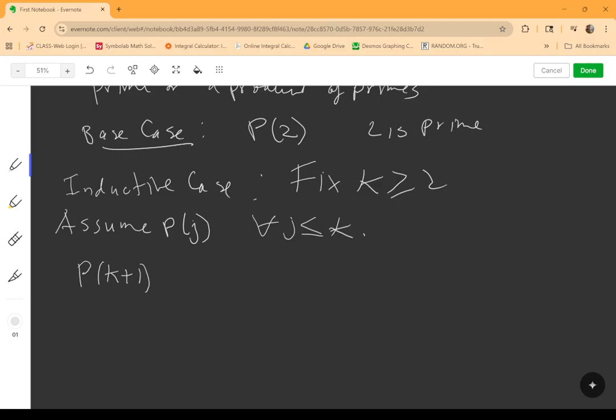Now there are two cases here. Case 1, K plus 1 is prime. So that checks out, and that satisfies the above. Now case 2, K plus 1 is not prime.